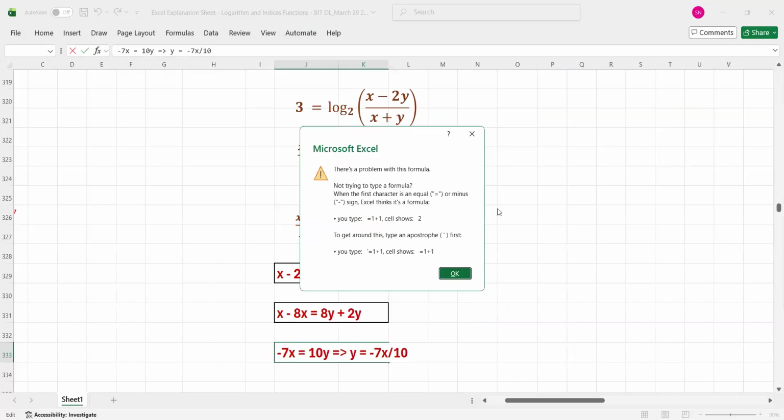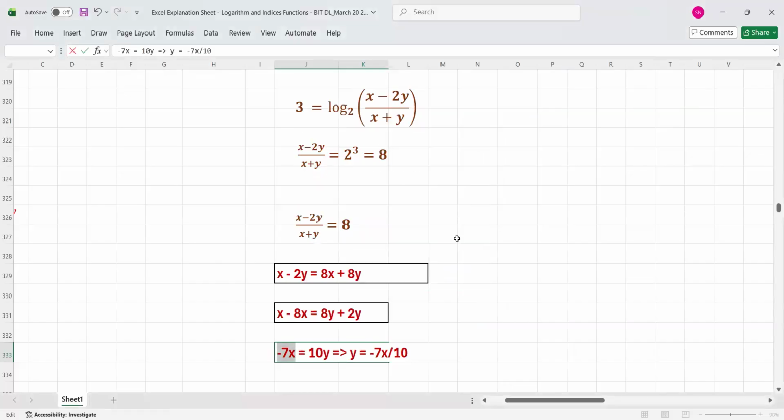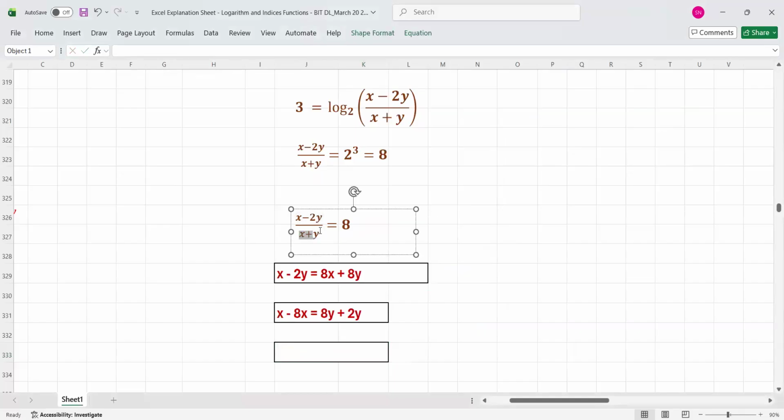You see this denominator, it's cross multiplied, or I multiply both sides by x plus y. If I multiply the left-hand side by x plus y, the denominator goes away. Then the x plus y goes to the right to multiply. I hope you see it. That is what gave me the 8x and the 8y.